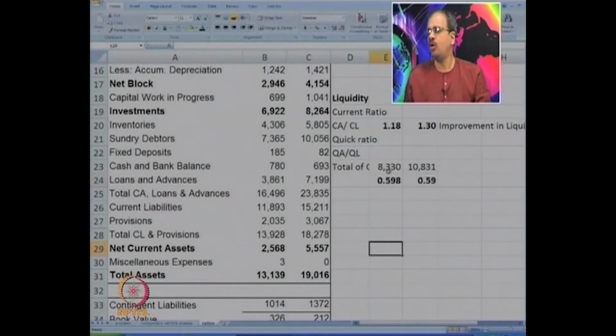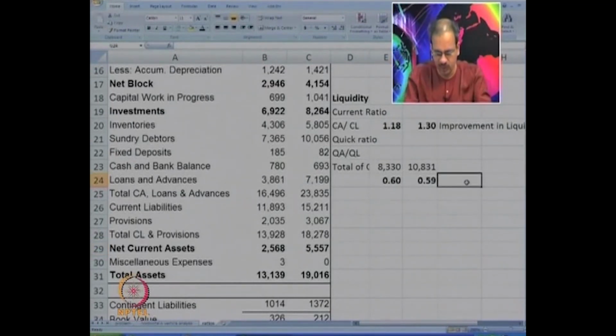If you look from the overall standard, this liquidity position is not that good, because the standard for current ratio is 2:1 and standard quick ratio is 1:1. However, these standards cannot be applied all the time, they can change from company to company. So, on the whole we see that there is not much of change as far as immediate solvency is concerned.